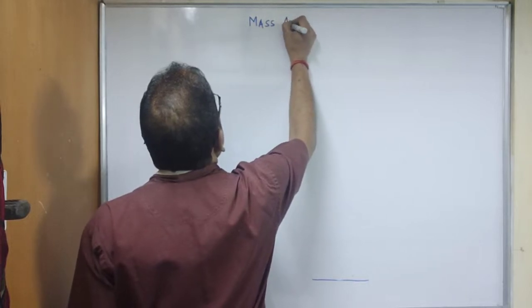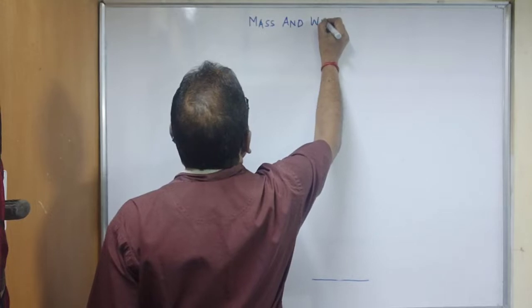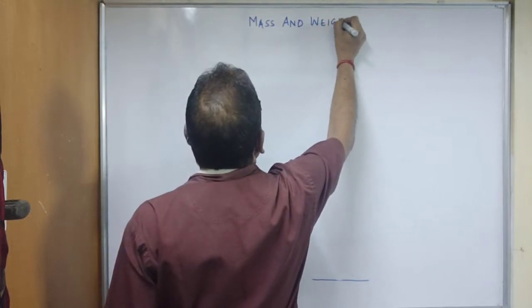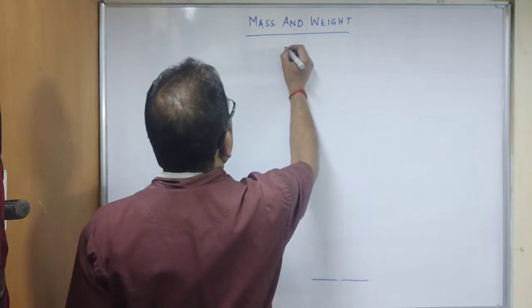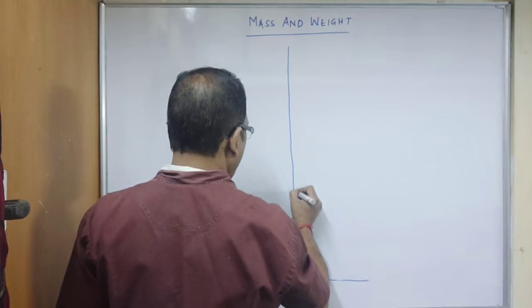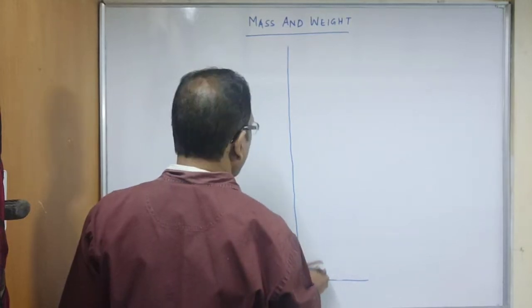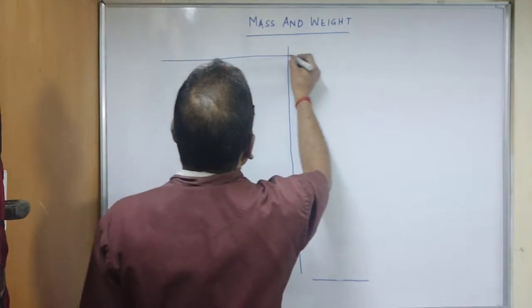Mass and weight. So you draw a column and write down the differences.